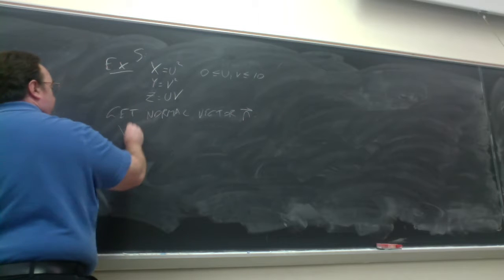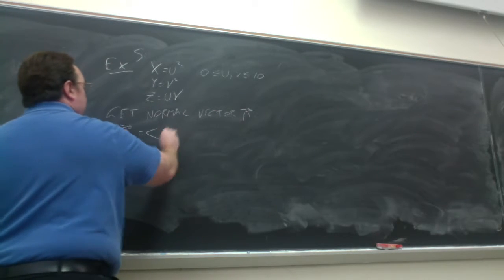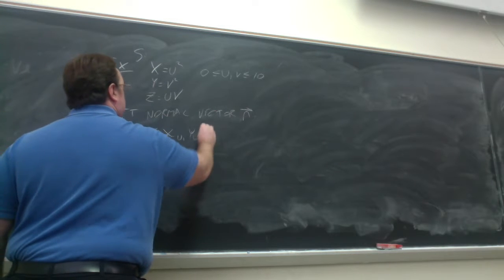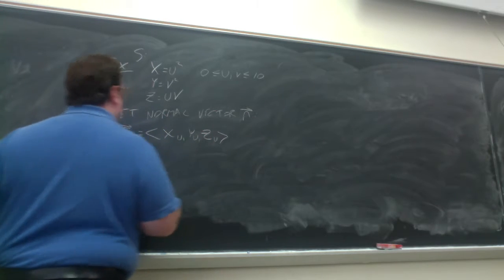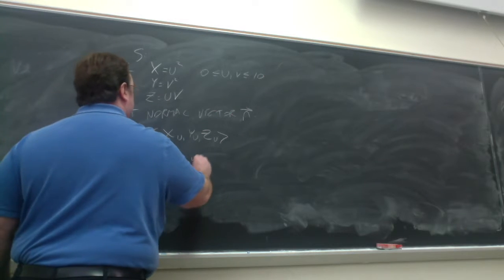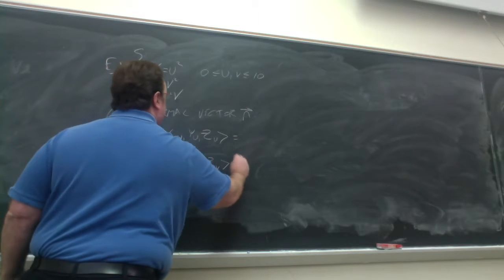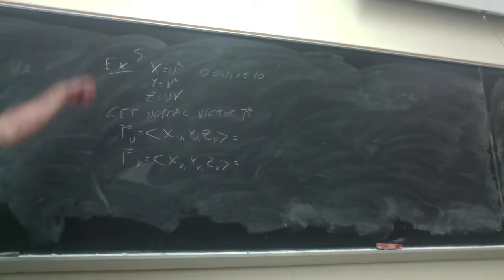First you compute the two vectors that describe your tangent plane, Ru and Rv, which are your partial derivatives with respect to u and v. So what are the partial derivatives of these parametric equations with respect to u, v?